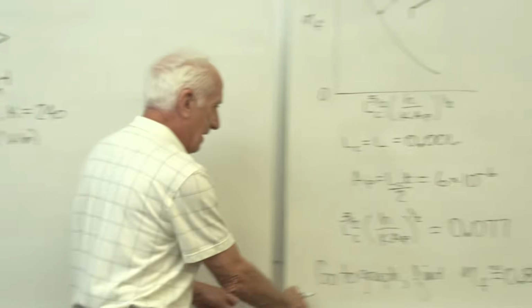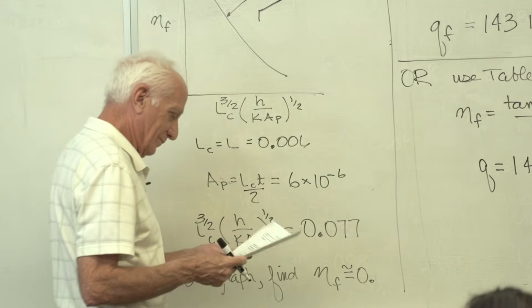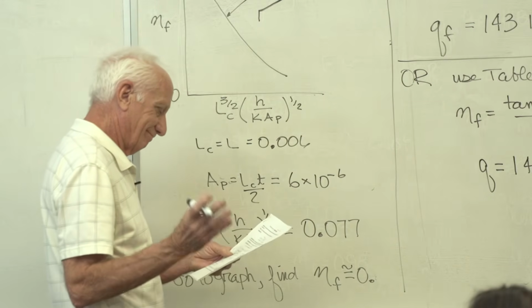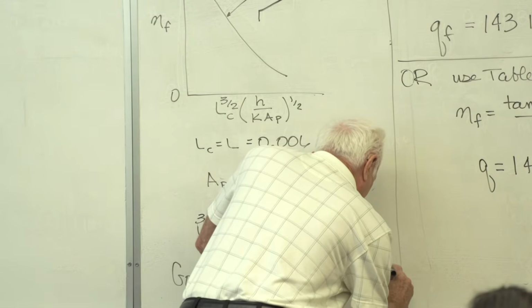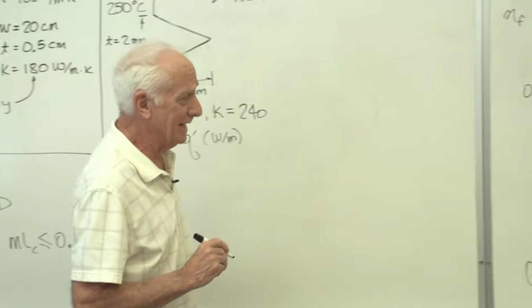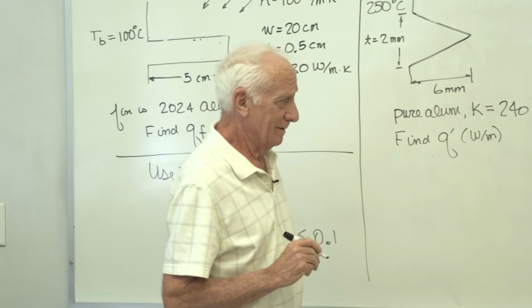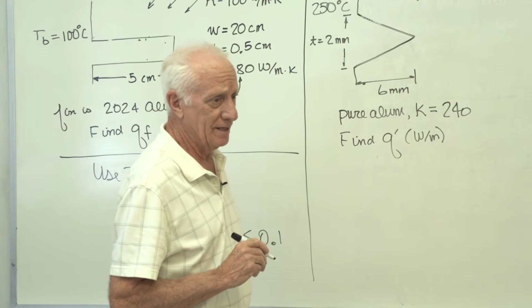Go to the graph. As best I can read the graph, I said 0.098. It might be 0.097. It might be 0.099. It might be 0.97. But that's my best guess reading that graph, which is very difficult to read accurately.